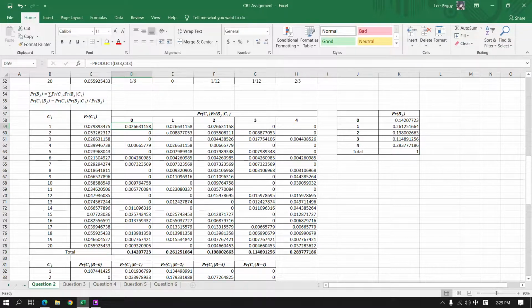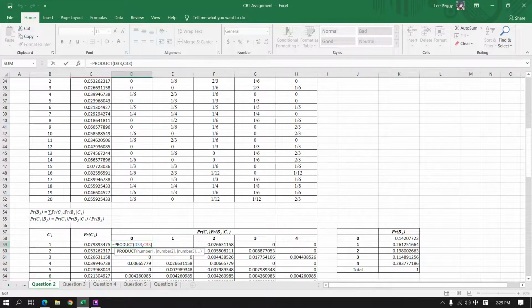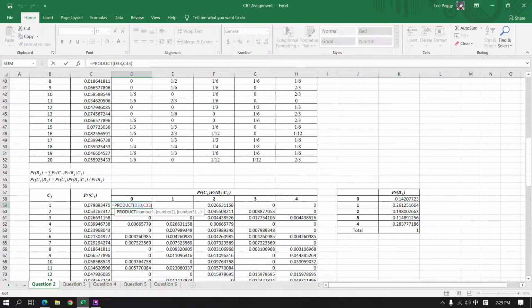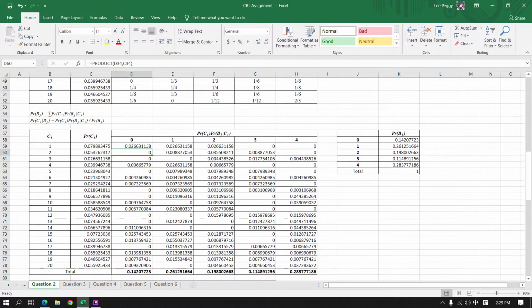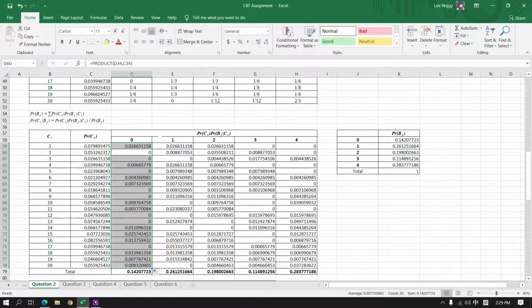I multiplied the probability of Ci and the probability of Bj given Ci for the first class and 0 claims. If we drag down, we can get all the values of probability of Ci times probability of Bj given Ci for the claim of 0.